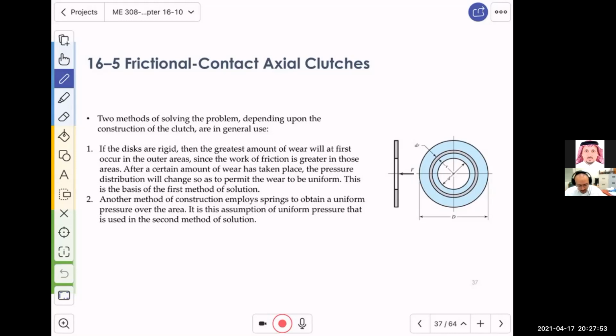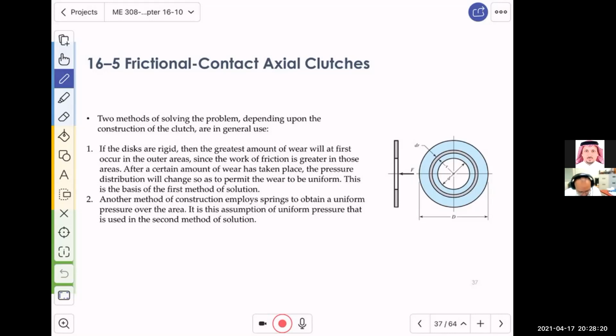In the other method, the clutch is usually constructed by employing springs, and these springs will adjust the mechanism such that the pressure will always be uniform. So we have a uniform pressure problem and a uniform wear problem.